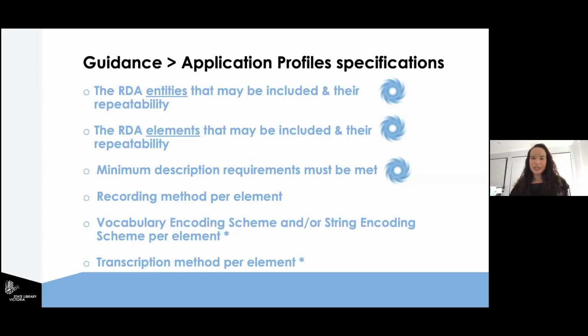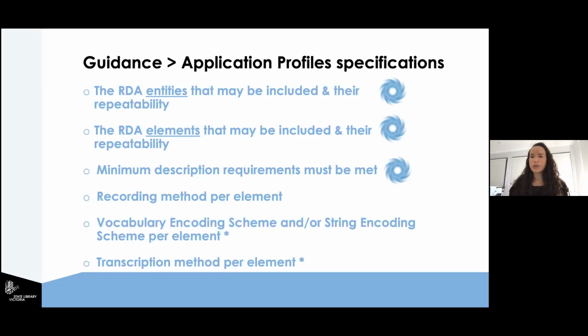Going back to the basics of application profiles, your application profile will specify a vocabulary encoding scheme and/or a string encoding scheme per element, but with a little asterisk there, because you're only going to apply a vocabulary encoding scheme or a string encoding scheme to a structured element if you've chosen the structured description method.